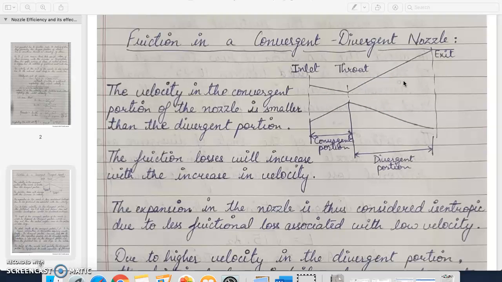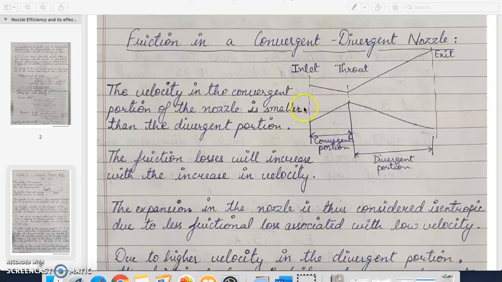And obviously, as we know, friction is dependent on the velocity. That means if C2 or the velocity increases, the friction will also increase. So the friction will be negligible in this portion due to the low velocity, and friction will be higher in this portion due to the high velocity.